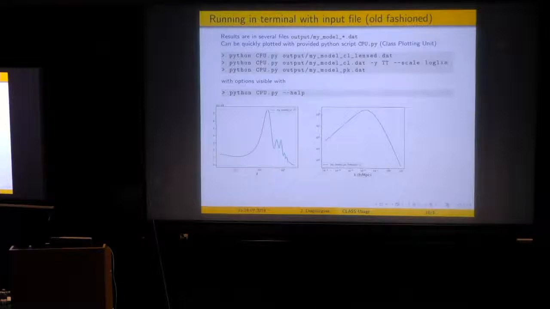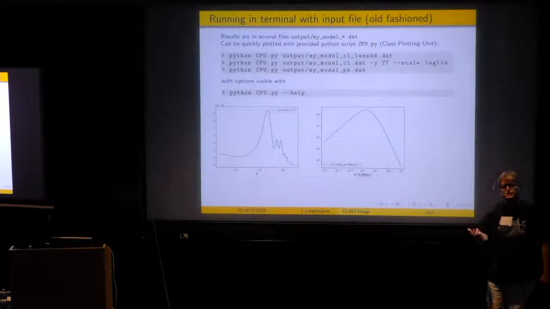And then maybe you want to plot the ratio of 2 of them. Then you put 2 of them, and there is an option -r, and it will know that it has to do the ratio, which is not so trivial, because to do the ratio, sometimes you need to interpolate one function for the same values of x as the other function. For instance, when you output the matter power spectrum pk, the sampling of the matter power spectrum is decided by the code on the basis of the cosmological parameters.